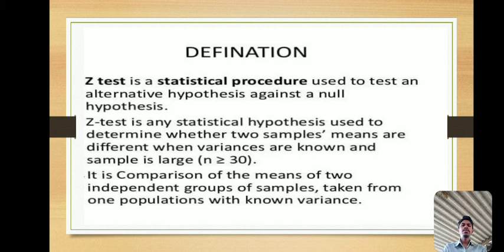Z-test is any statistical hypothesis test used to determine whether two sample means are different when variances are known and the sample is large, more than 30. It is a comparison of the means of two independent groups of samples taken from one population with known variance.